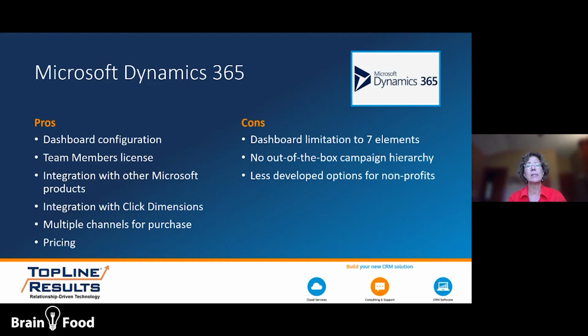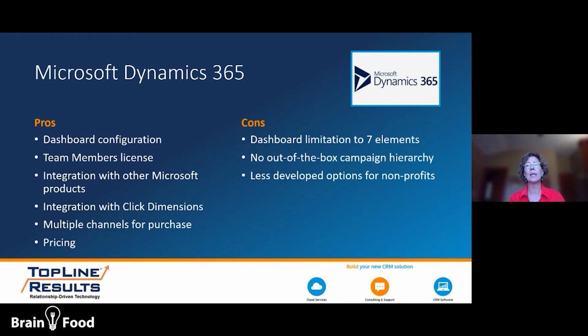Another con is there is no what we call out-of-the-box campaign hierarchy. And what do I mean by campaign hierarchy? Well, I mean like having a parent-child relationship within campaigns. So let's take brain foods as an example. Brain foods can be created as a parent campaign, potentially, and each of the individual webinars can be child campaigns.